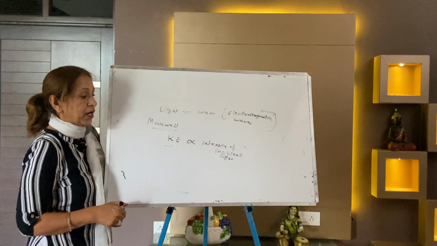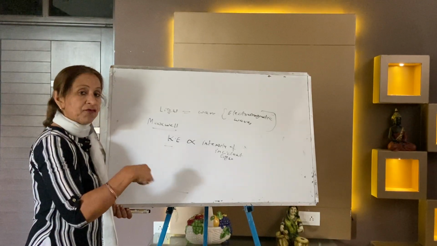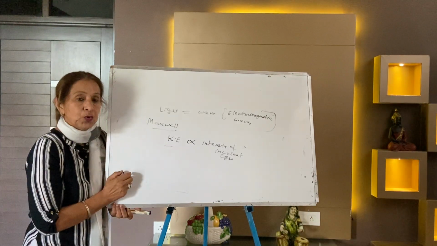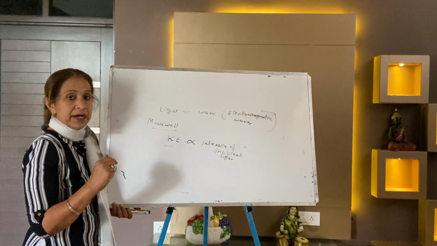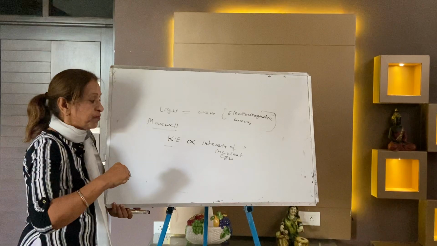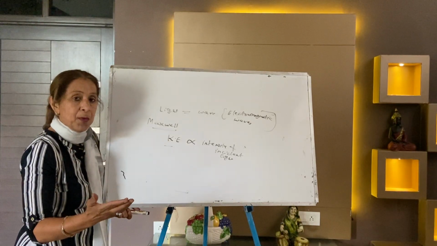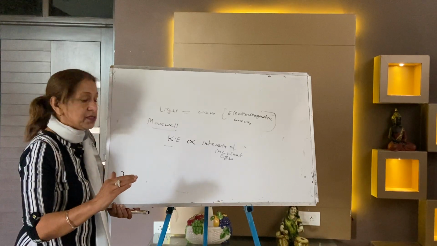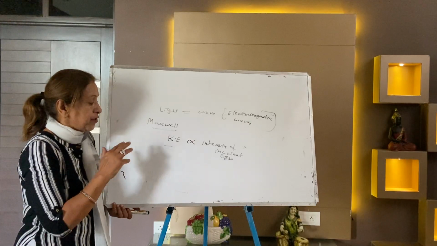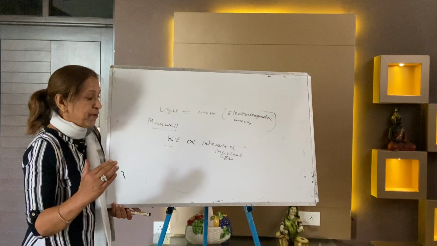But according to electromagnetic wave theory, kinetic energy of the ejected electron is directly proportional to the intensity of incident light. But during the photoelectric effect, what we observed, kinetic energy is independent upon intensity. This means the photoelectric effect observation is in direct clash with the Maxwell electromagnetic wave theory.